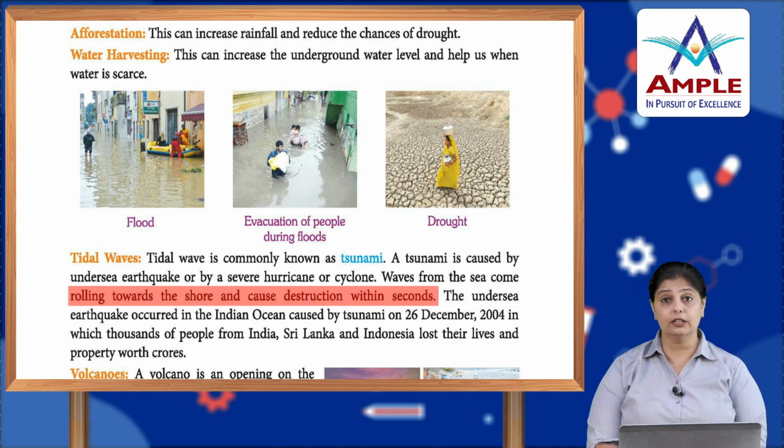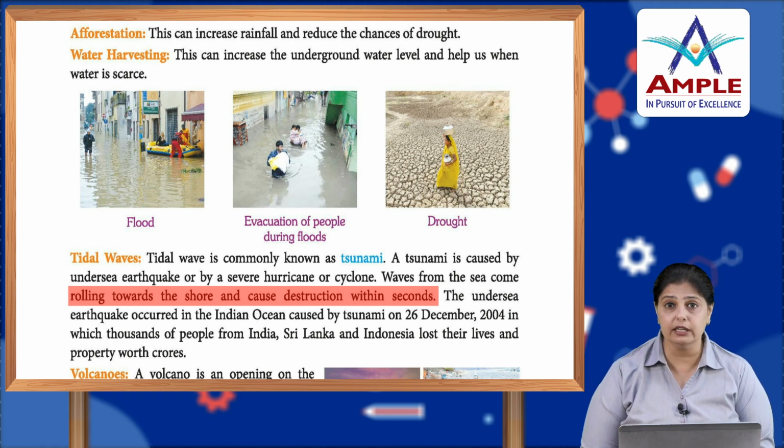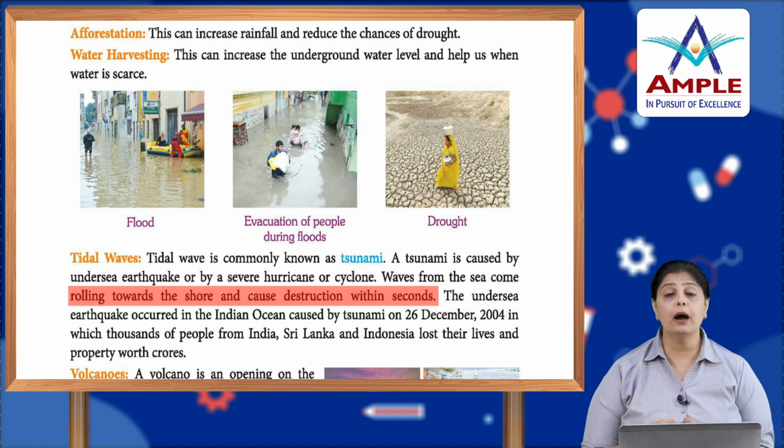When an earthquake happens under the sea or there is a severe hurricane or cyclone, the waves come out of the sea near the shore within seconds, and they are really very high, above their normal limit.